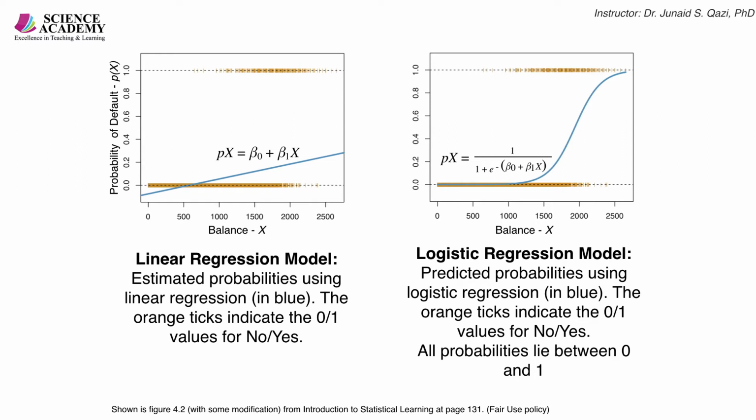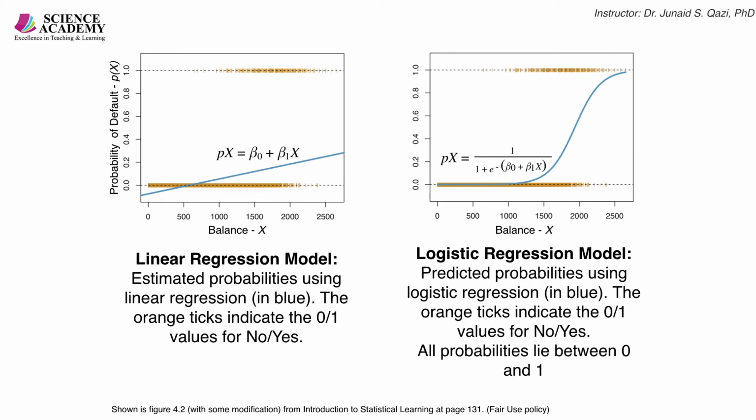If we fit the logistic regression to the same dataset as shown on the left side, notice that for low balances, as shown on the right side, we now predict the probability of default close to but never below 0.